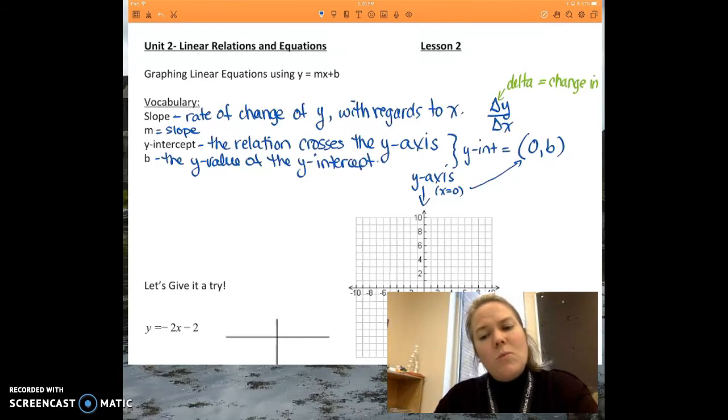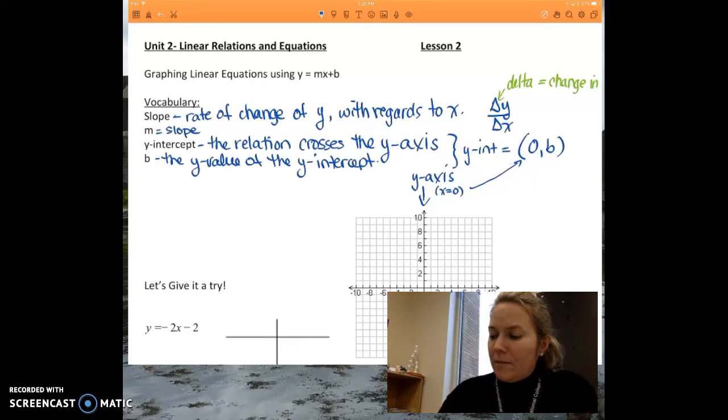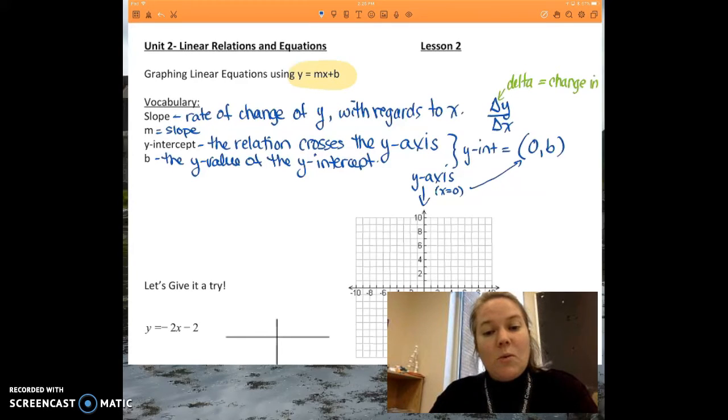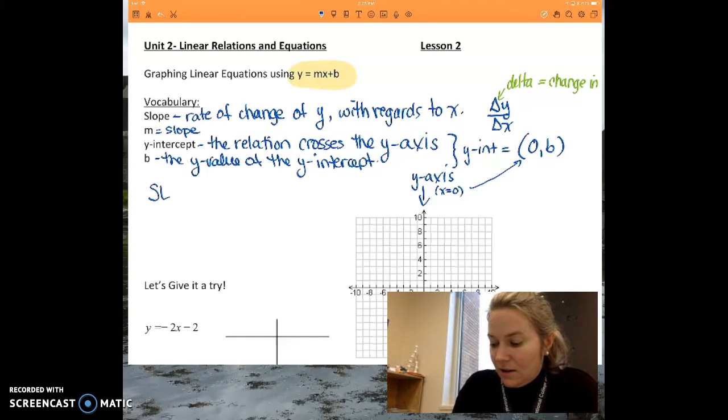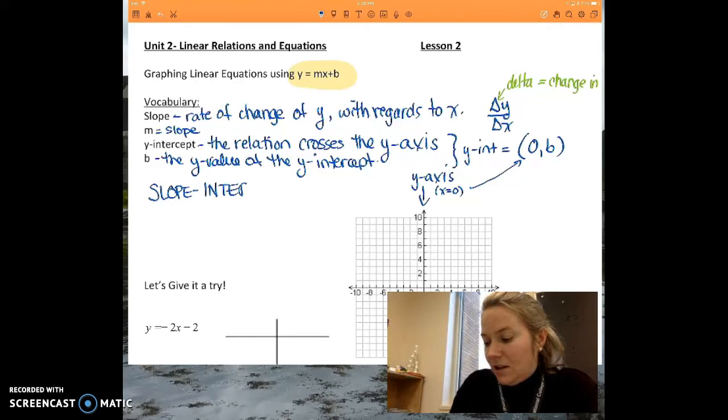And now, why do we need m and why do we need b? Why am I introducing these concepts to you? Well, let me just highlight the title here: Graphing Linear Equations Using y equals mx plus b. Y equals mx plus b is a very specific format of a linear equation, and it's called slope intercept form.